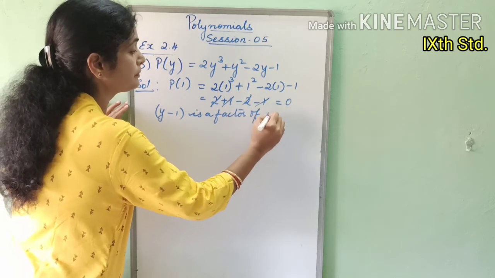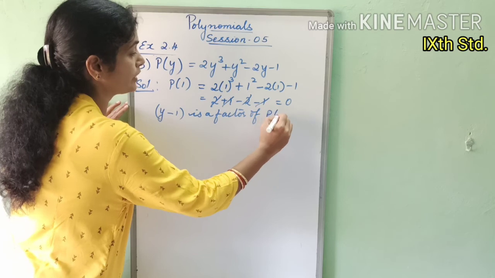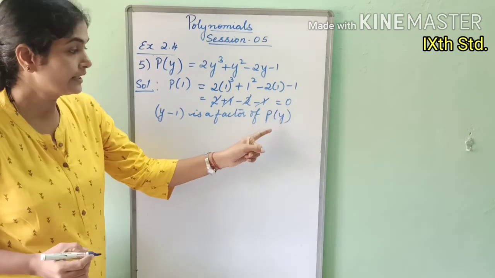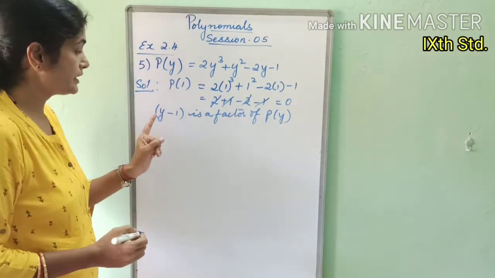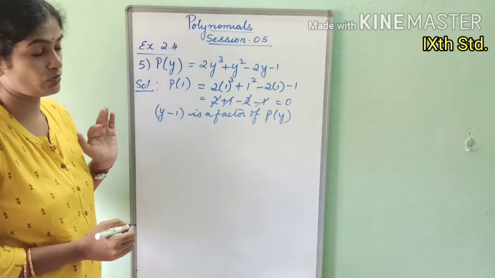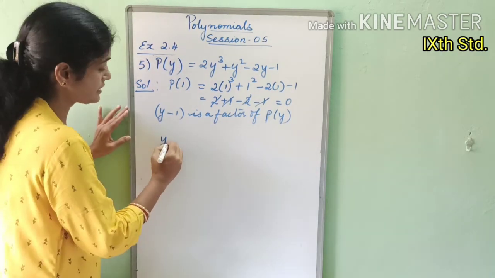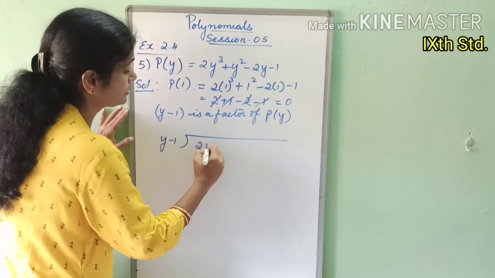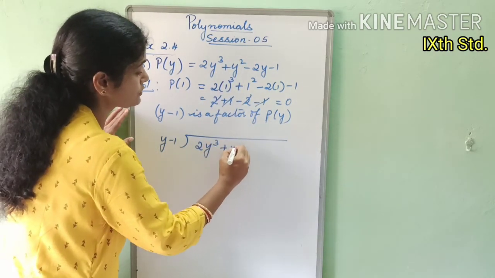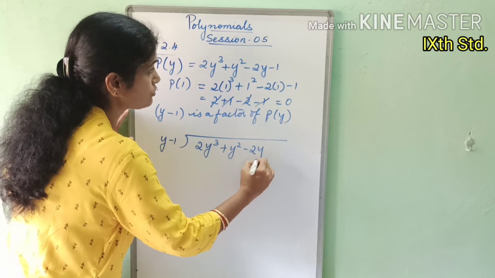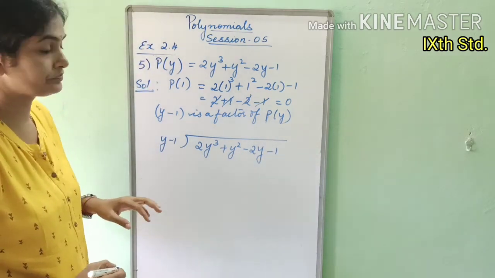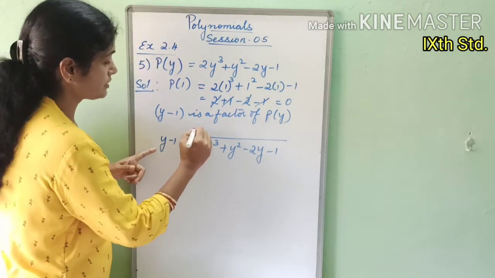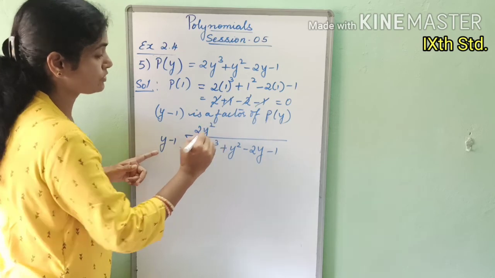of p of y. Right? So this p of y is completely divisible by y minus 1. So let's divide and see. Y minus 1 dividing 2y cube plus y square minus 2y minus 1. So the first term in the quotient is 2y square.